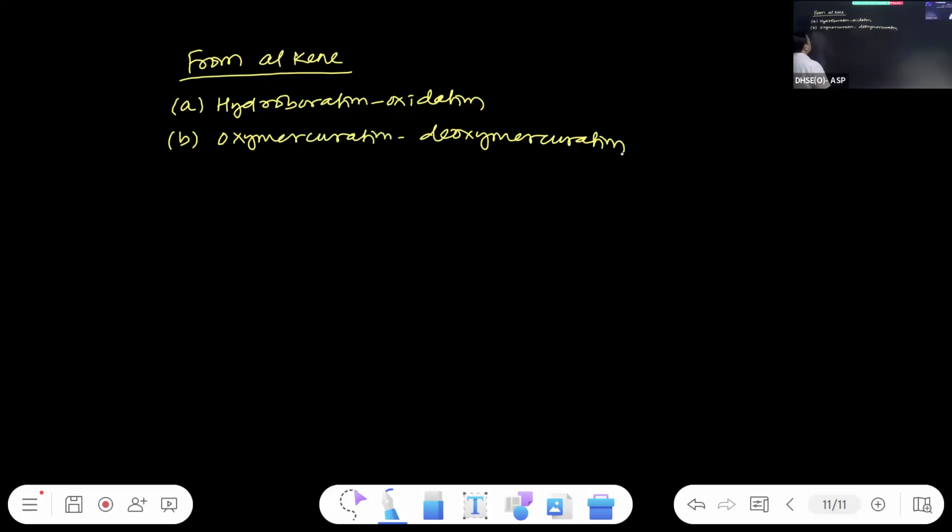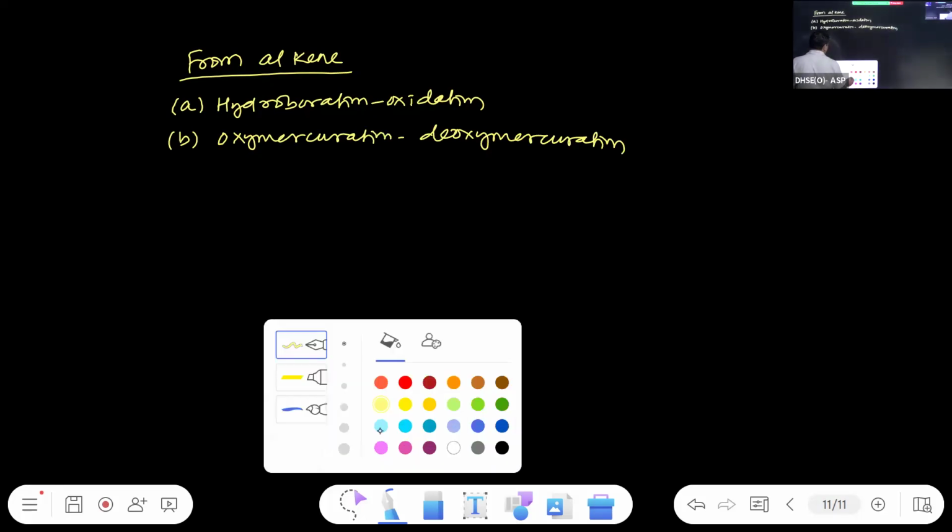Okay, hydroboration oxidation, then oxymercuration, demercuration. First, hydroboration oxidation.